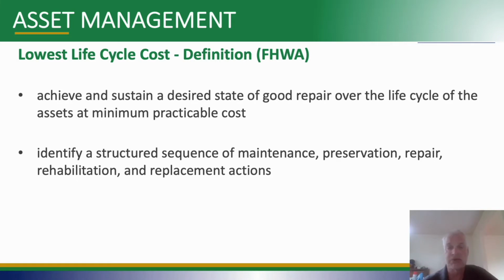It's not a question of saying this is everything you need to do and how much does it cost to do it. It's trying to work out that repair strategy over the life of the asset at the money that you have available. So it's identifying a structured sequence of all those activities: maintenance, preservation, repair, rehabilitation, and eventually a replacement of the assets.